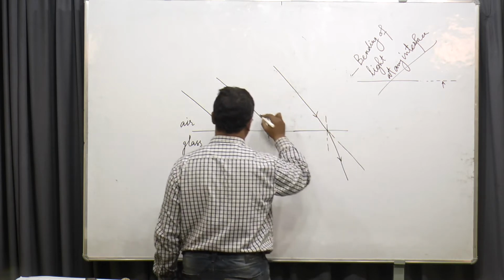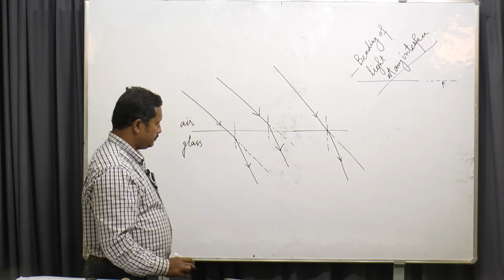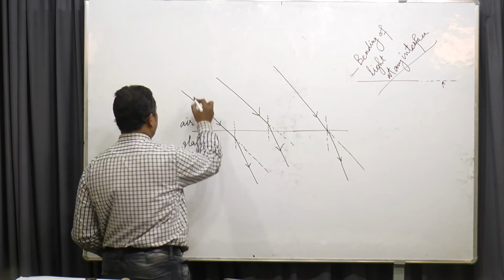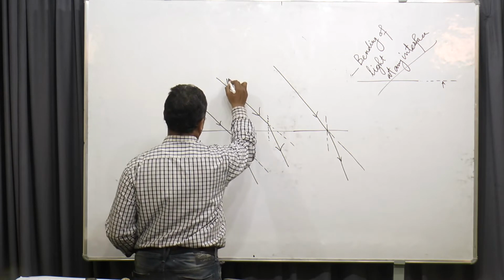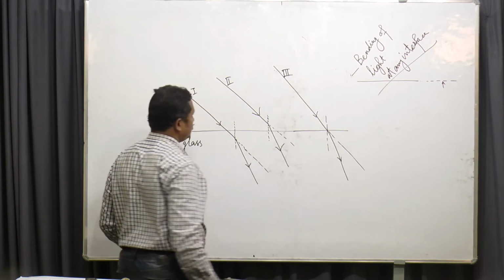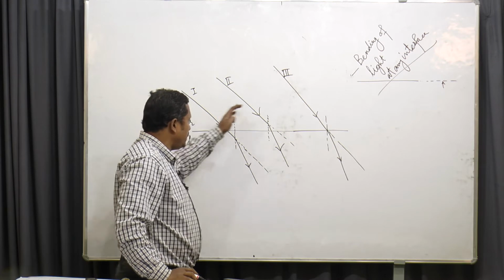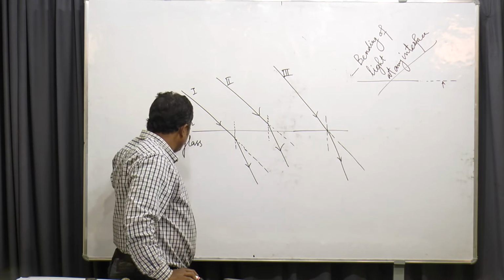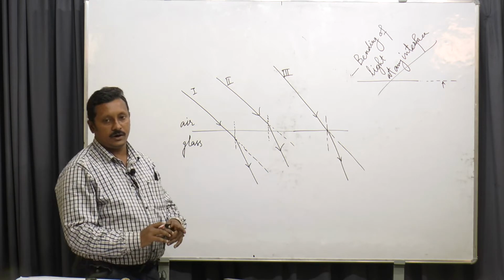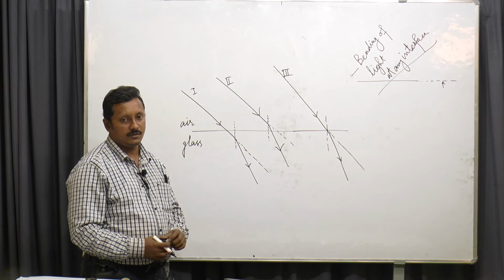Now which diagram is correct? Say I call them ray 1, 2, 3. All of them are bending, there is an interface of two media. Now which ray diagram shows the exact refraction?